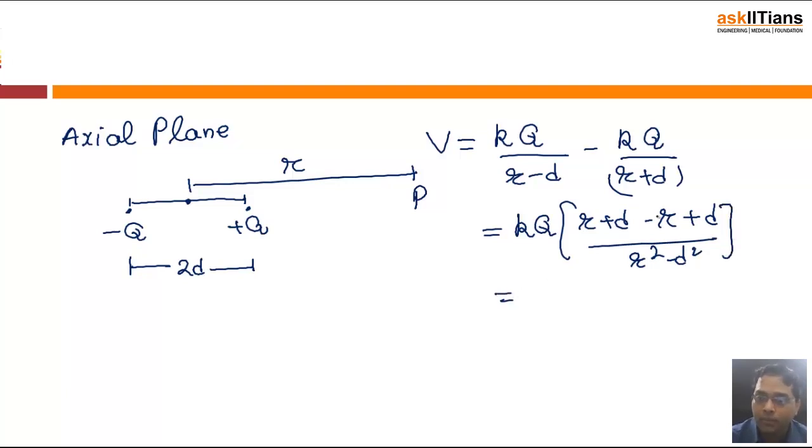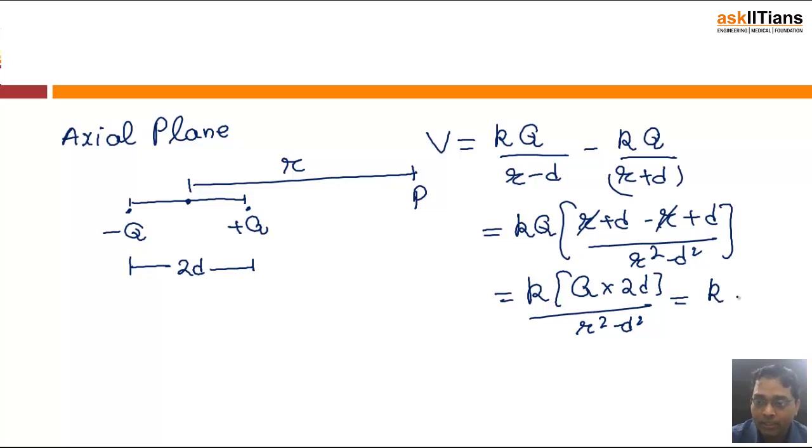Here the r's cancel, so you get kq into 2d over r square minus d square. Since the distance between the charges is 2d and each charge is q, q times 2d is nothing but the dipole moment, so you get k p over r square minus d square. This is the potential due to an axial plane.